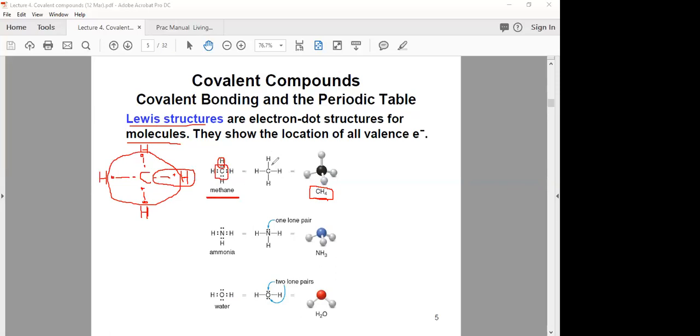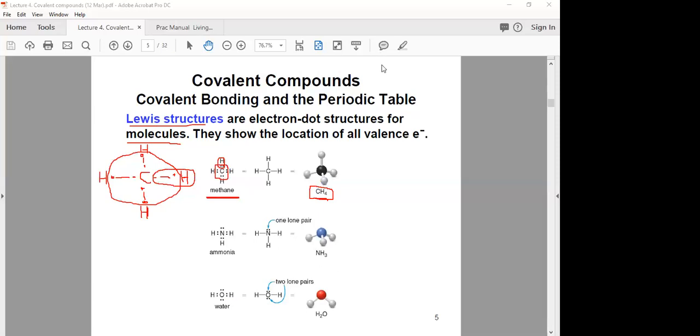How is that drawn? We can see in this representation here that each of those covalent bonds is simply indicated by these solid lines. So remember, each of these lines indicates the presence of 2 electrons within the covalent bond.